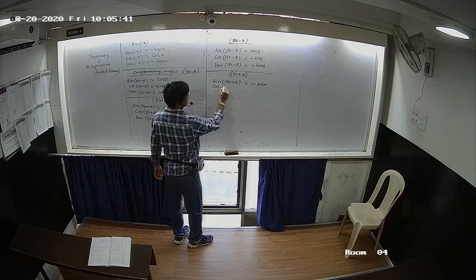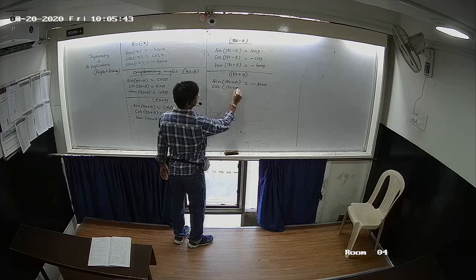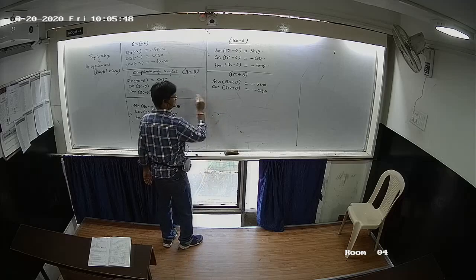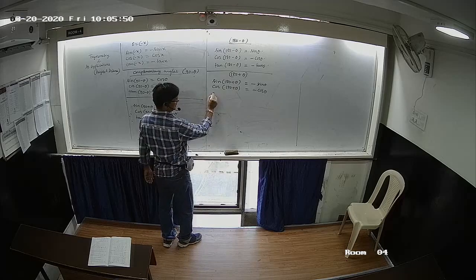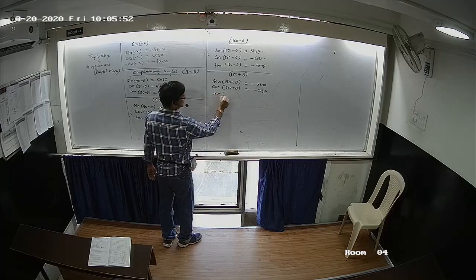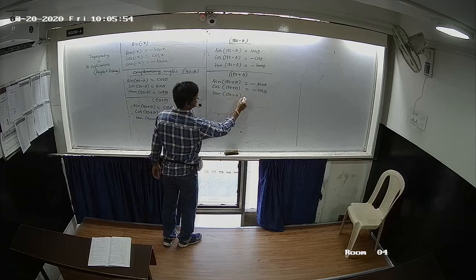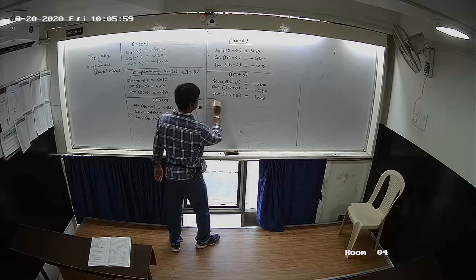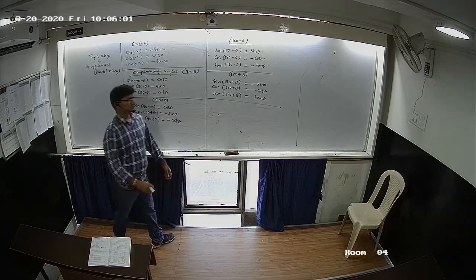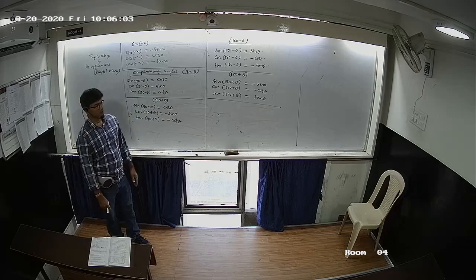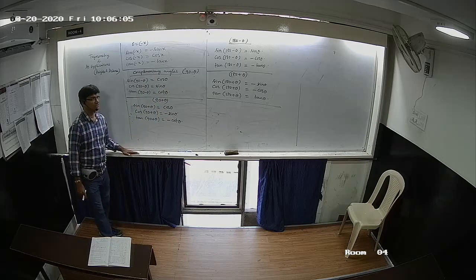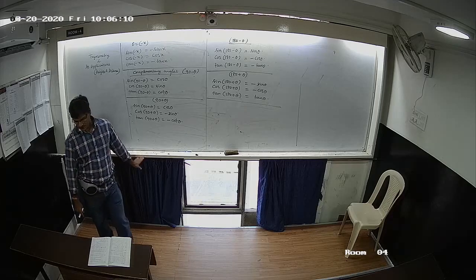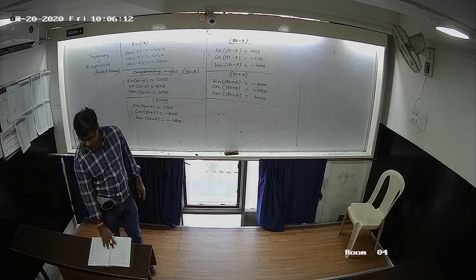Cos of 180 plus theta will be equal to minus cos theta, and tan of 180 plus theta will be equal to tan theta. So thus you can find out the various trigonometric ratios with these angles. Then let's come to the identities.